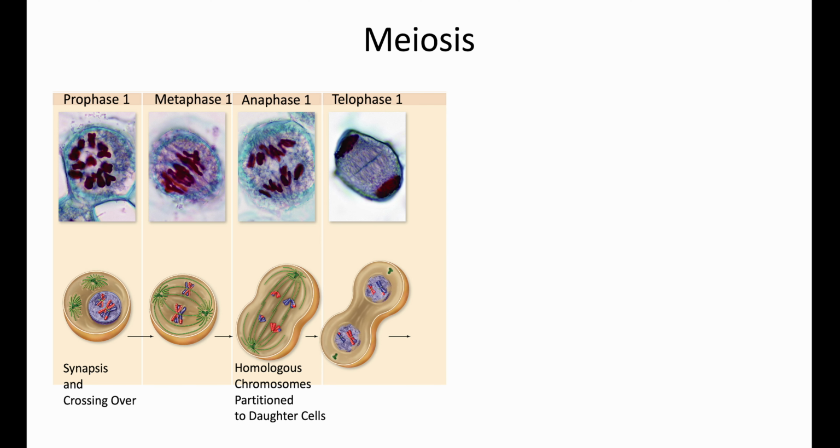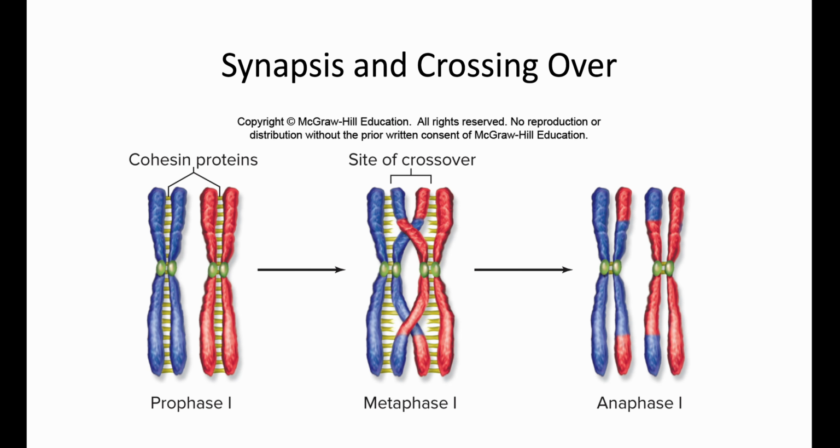Now, when crossing over occurs, we refer to this as recombination. The reason for this is, imagine that there's a gene right here on this chromosome. Imagine that was the dominant allele for tongue rolling. Well, this blue portion over here would have also had the dominant allele for tongue rolling.